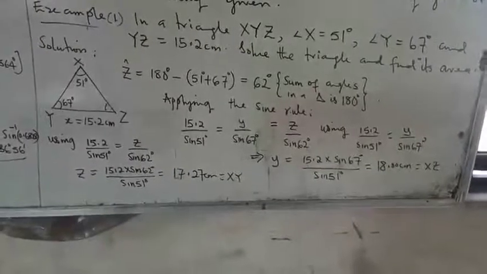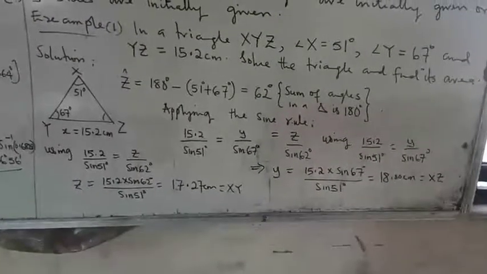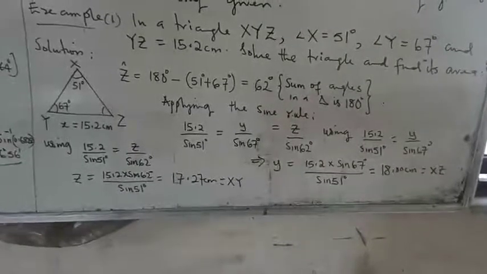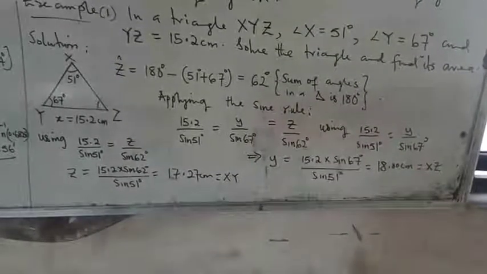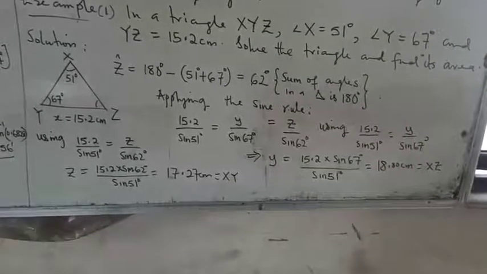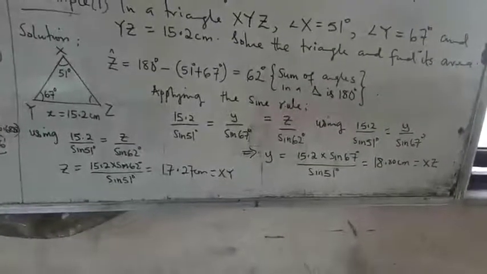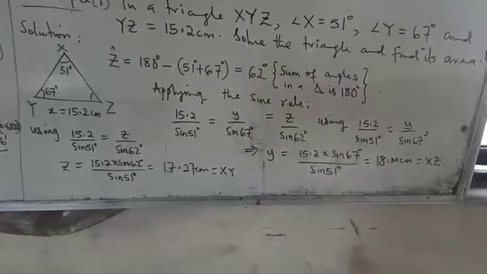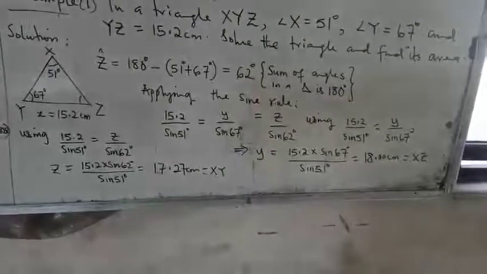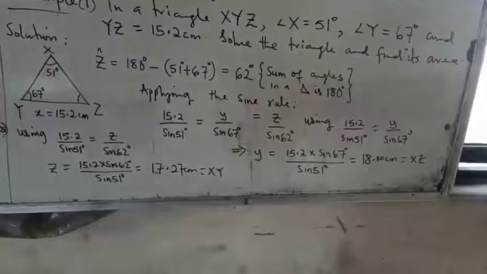Then applying the sine rule, 15.2 over sine 51 degrees, that is x over sine X, equals y over sine Y, small y over sine 67 degrees, which is the same thing as z over sine Z. We don't know small y, so we can use any of the two. 15.2 over sine 51 degrees equals y over sine 67.